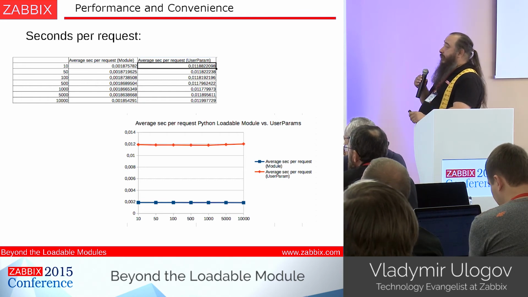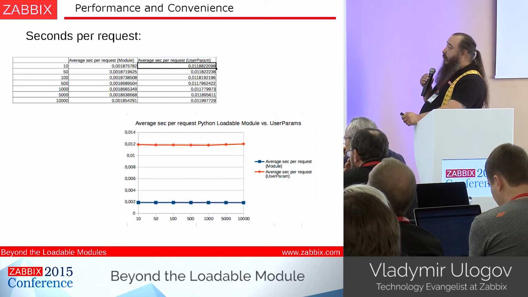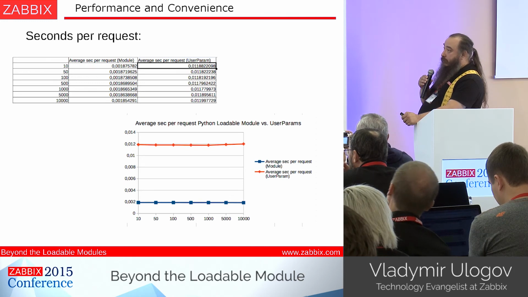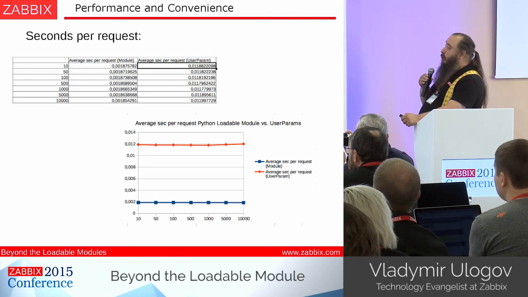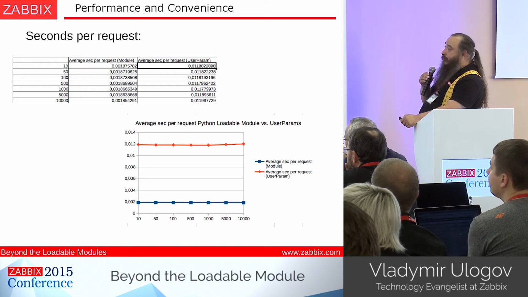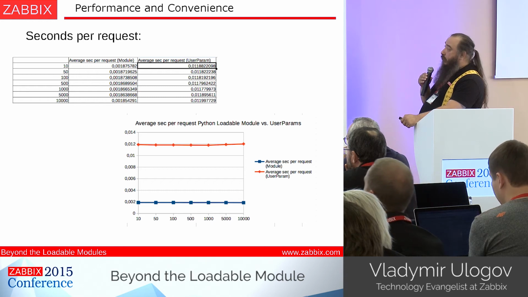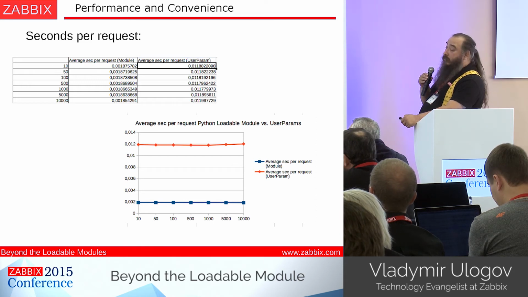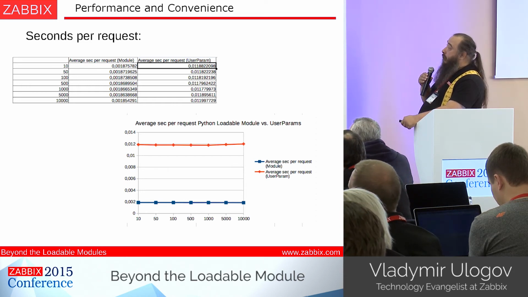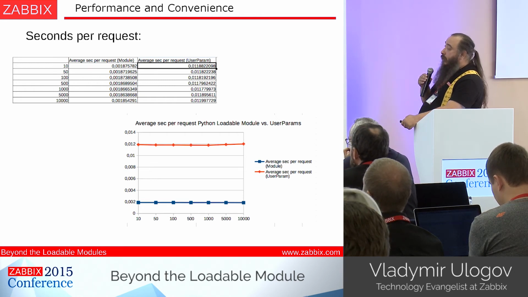Average seconds per request. If I am using embedded Python through the Loadable Module, I usually get performance for this simple call, which returns, as I remind you, just the system clock, of 1/100th of a second per 10 calls. And it's a completely different story when I'm using user parameters.